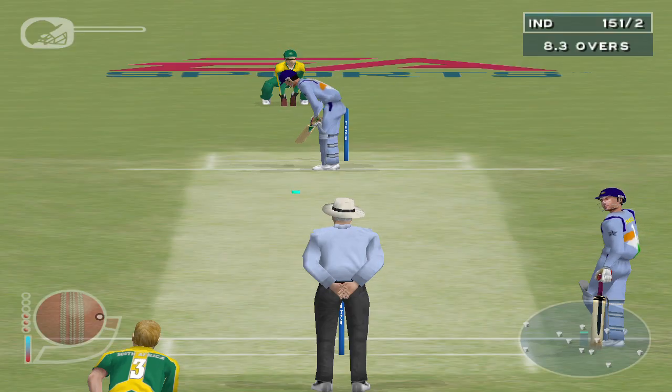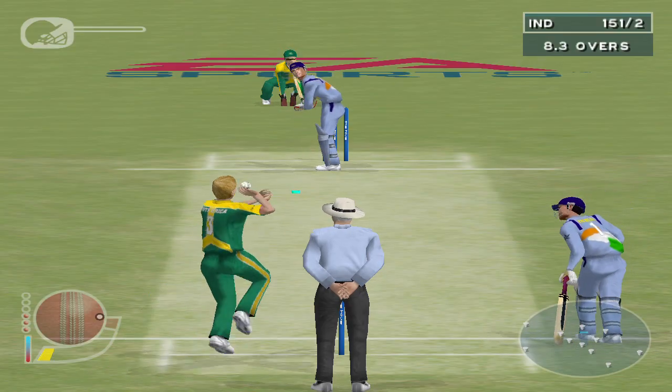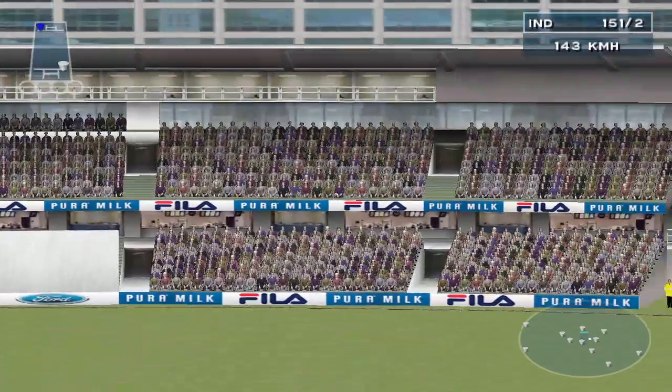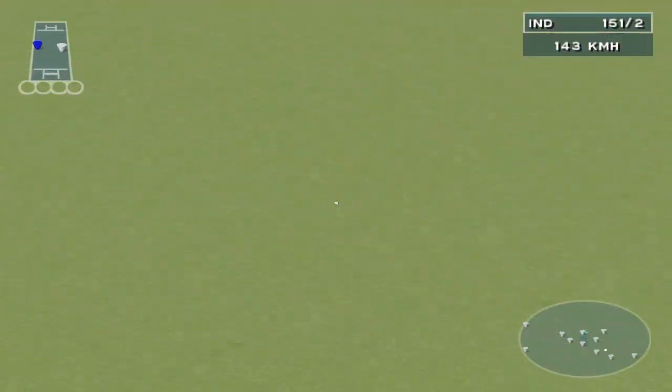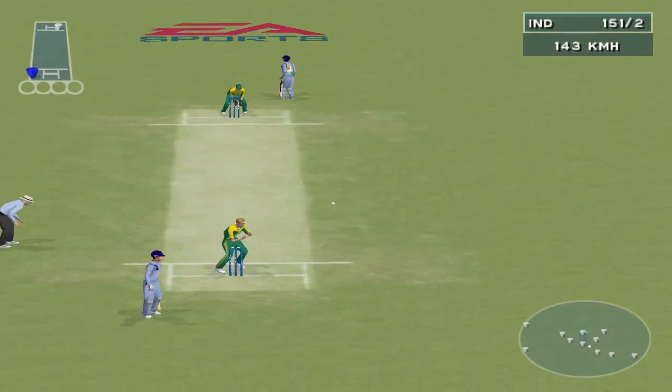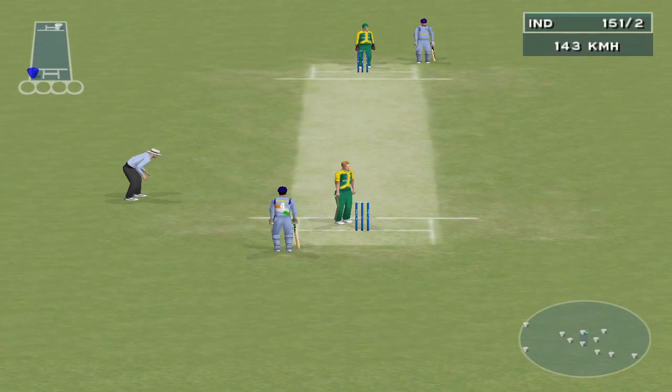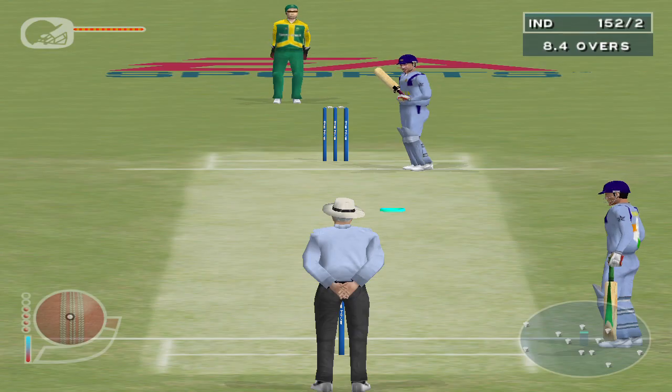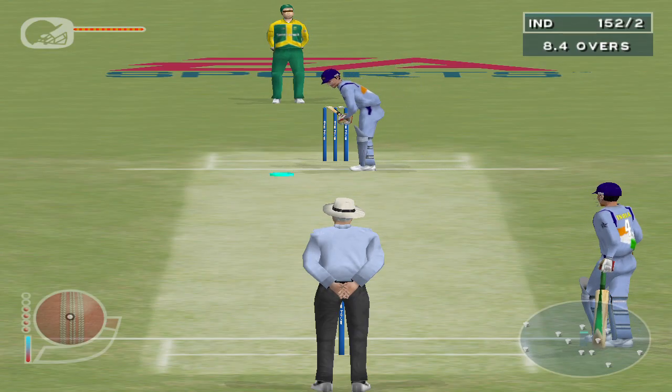His timing was perfect right from the start of the innings. A joy to watch. There it goes. Dippenaar is chasing that one. Dippenaar couldn't quite reach it. India move on to 152.